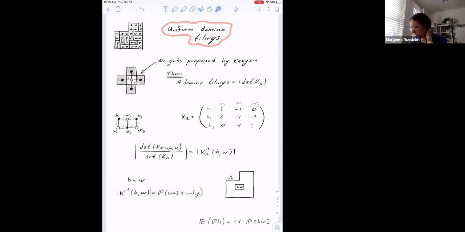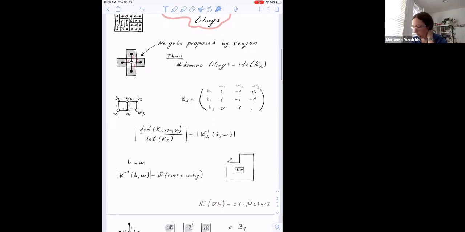Now note how it's related to the height function, right? The expectation of the gradient can be written in terms of probabilities, clearly. And the probability is given by the inverse Kasteleyn matrix. Therefore, in a similar way, all moments of the height function can be written in terms of the inverse Kasteleyn matrix.